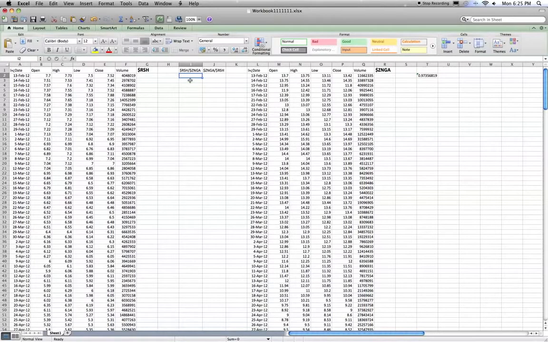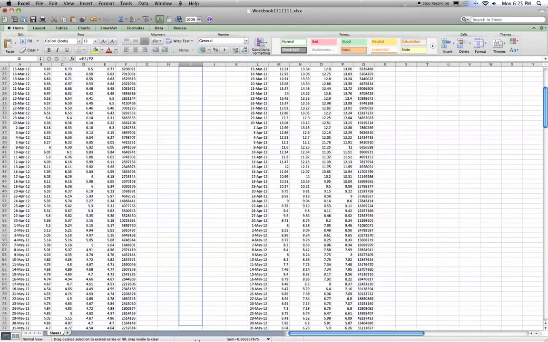So RSH divided by ZNGA is just the closing price for Radio Shack divided by the ZNGA price. Hit enter. Double click it. Actually, you'll just have to drag it.